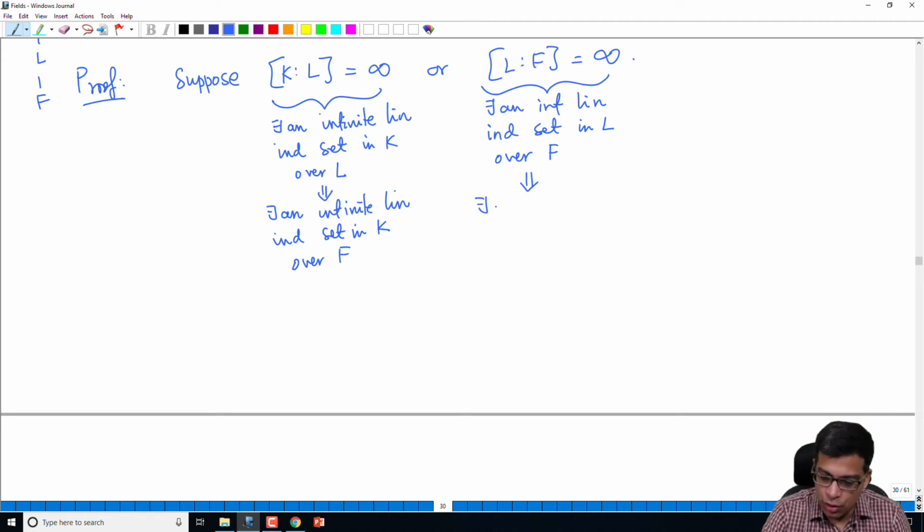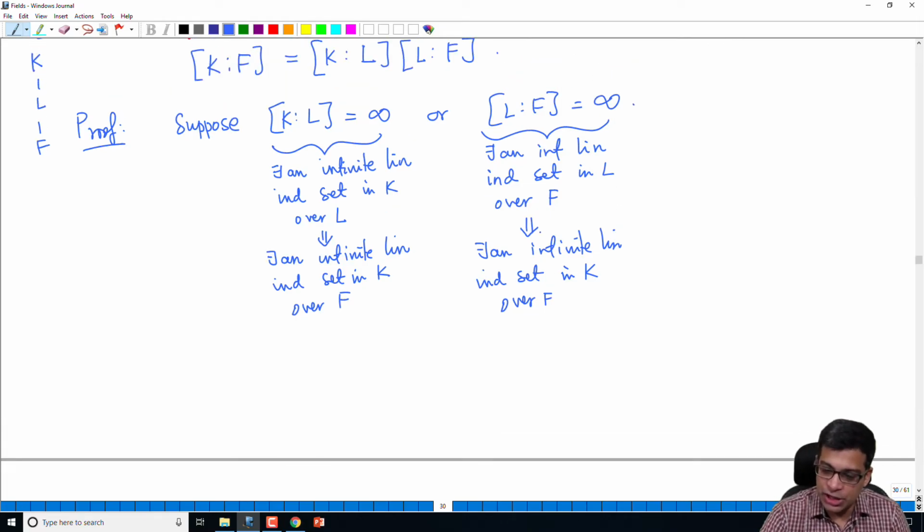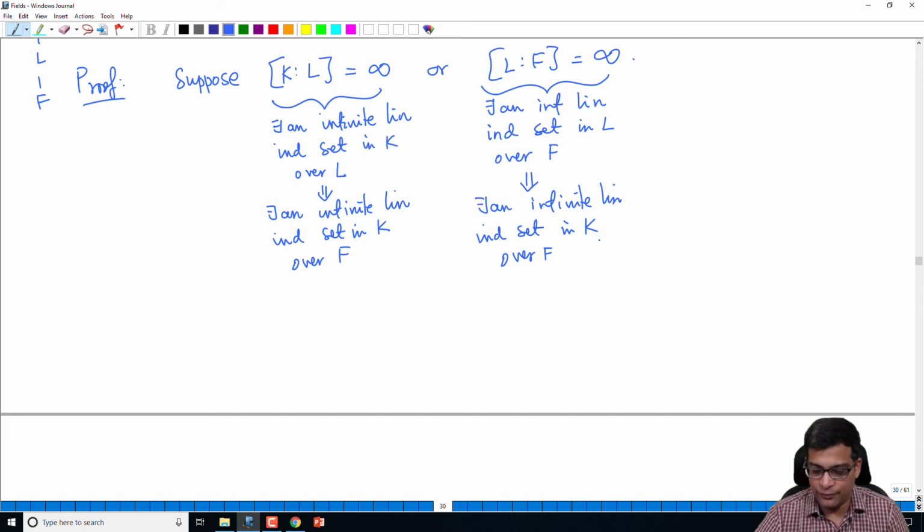In this case also there exists an infinite linearly independent set in K over F. Here the point is the original vectors we started with are in L, right? But L is a subfield of K, it's a sub vector space of K if you wish. So if L itself has infinitely many F independent vectors, those vectors are already in K. That means K itself admits an infinite set of F independent vectors.